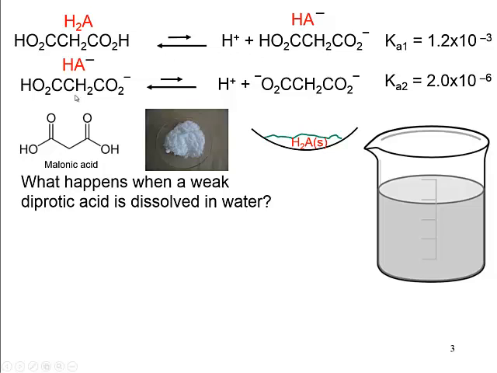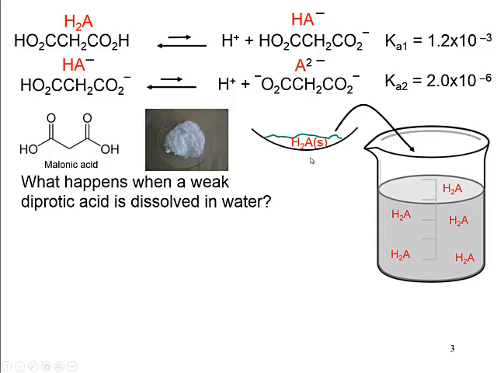HA-, of course, is the reactant in the second step, and the final conjugate base, the dianion malonate, we can represent as A2-.